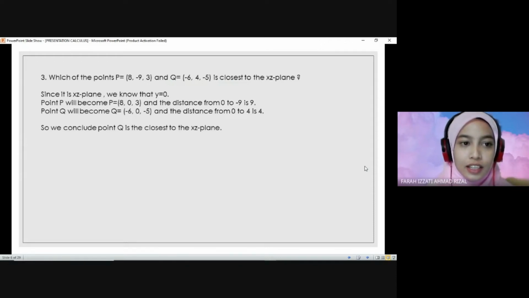Since it is the xz plane, we know that y equals 0, so point P will become (8, 0, 3), and the distance from 0 to -9 is 9, and point Q will become (-6, 0, -5), and the distance from 0 to 4 is 4. So we conclude point Q is the closest to the xz plane.